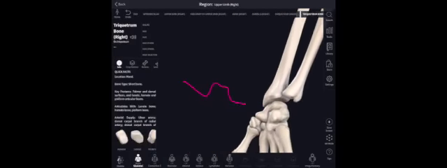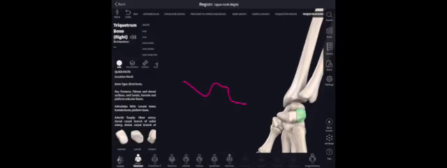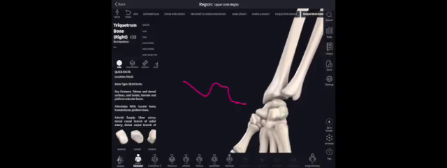Okay, and then right next to the lunate is what we call the triquetrum. Notice that if I move around, the triquetrum is actually only the bottom part of the carpal bone, and these are actually two separate bones. What's sitting on top of it is called the pisiform.